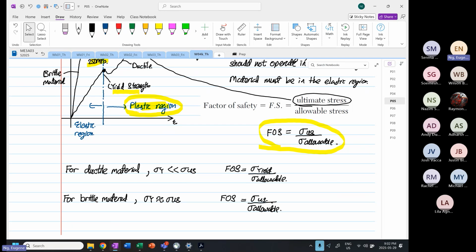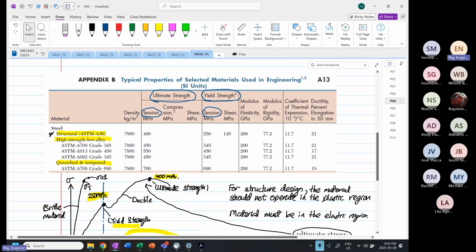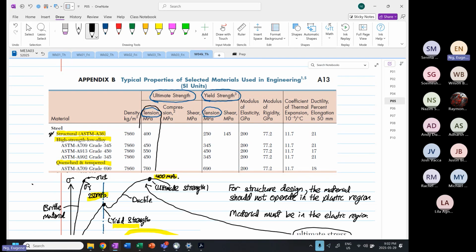Okay. Now, coming back to the material handbook, okay, you can see that the material is either tested in tension, and very limited shear, okay, and compression is usually for brittle material because brittle material can only withstand compressive stress, not tensile.